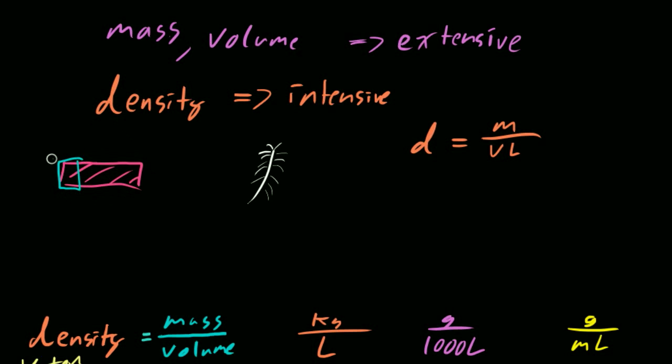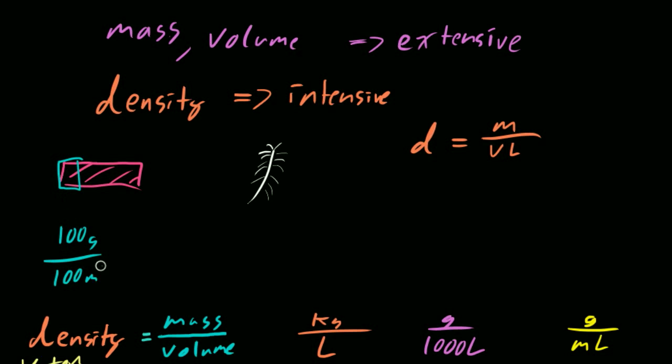Okay? Because, and this is, again, just an example, if we were saying the density of that piece in blue right there, for our brick, let's say it weighed 100 grams, and it was occupying, let's say, 100 milliliters.